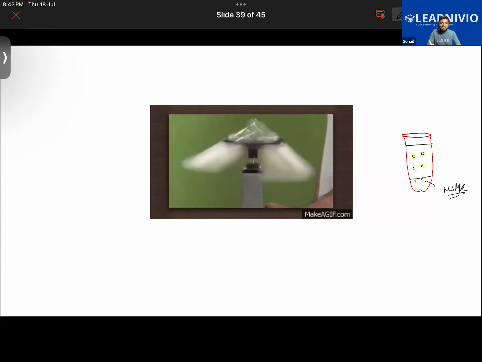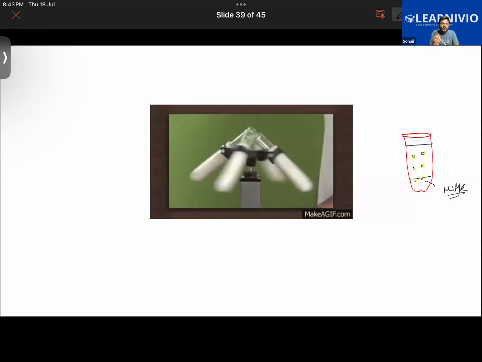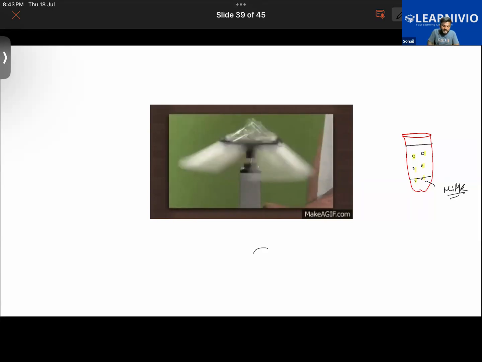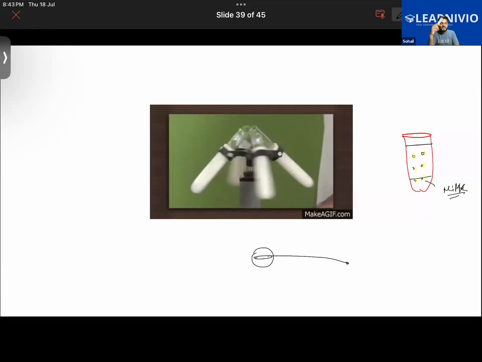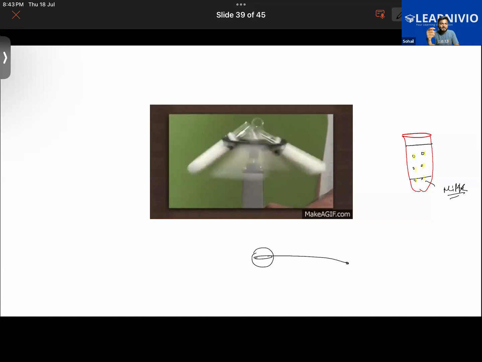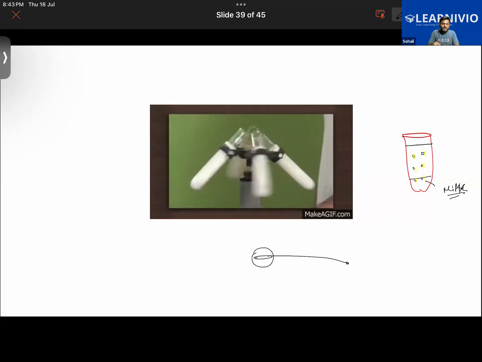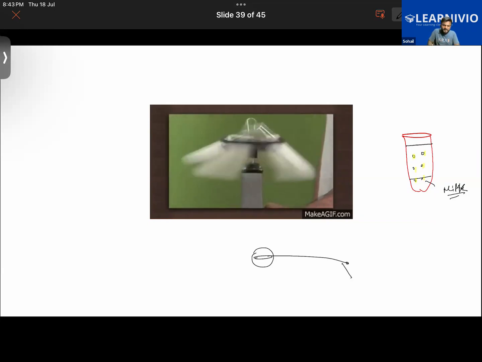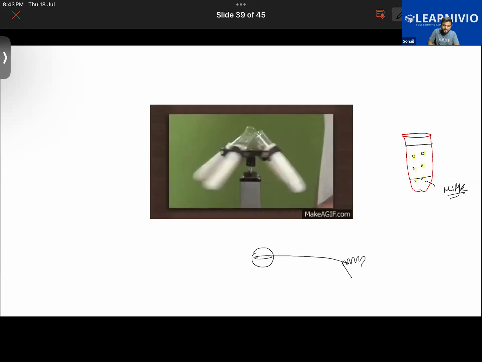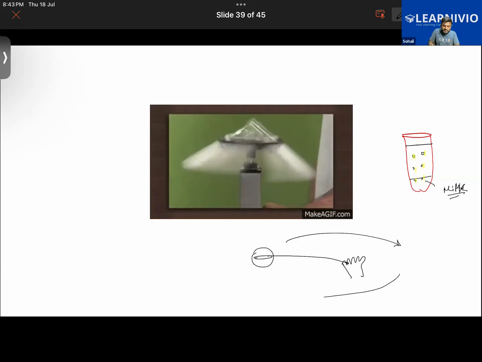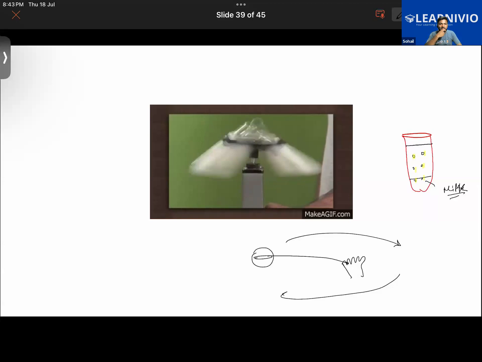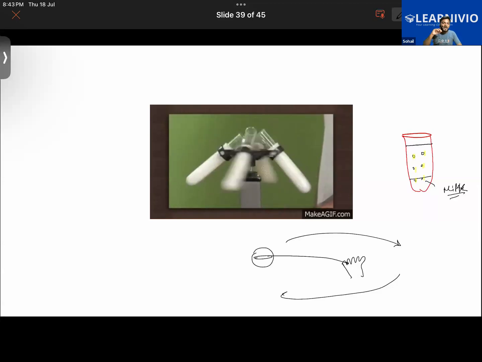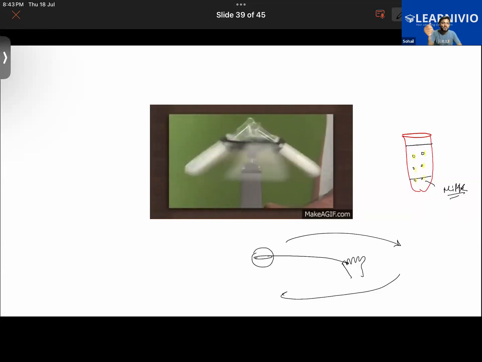Or for example, if I were to take a small stone or ball, tie it to a thread, and spin it like this, it feels like the stone is trying to fall away from my hand, in the outward direction.